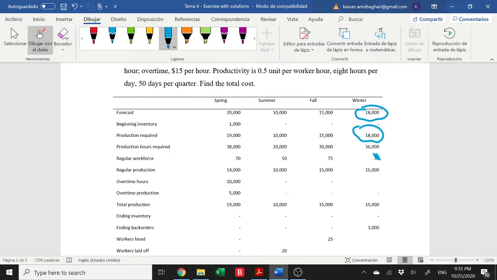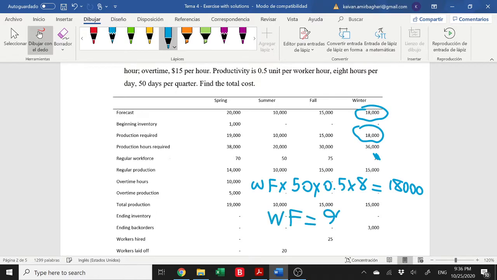Again, you need to calculate the workforce that you need, multiplied by 50, multiplied by 0.5, multiplied by 8, should be 18,000. So it means that 18,000 divided by 200 gives me a workforce of 90.